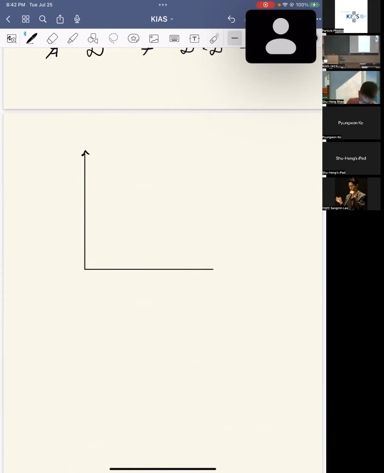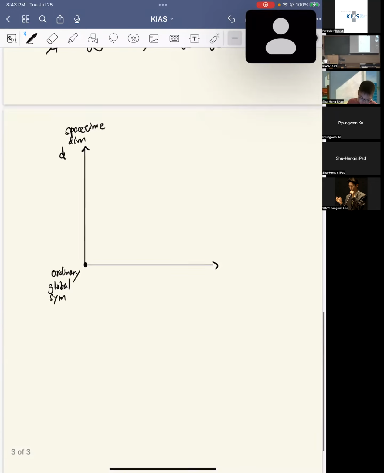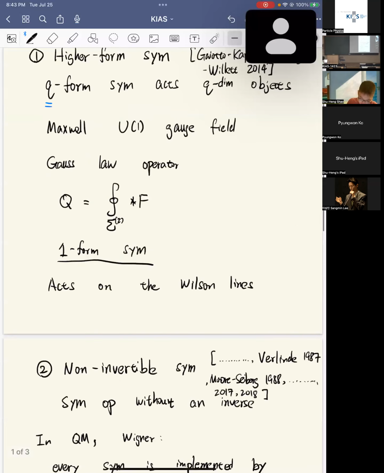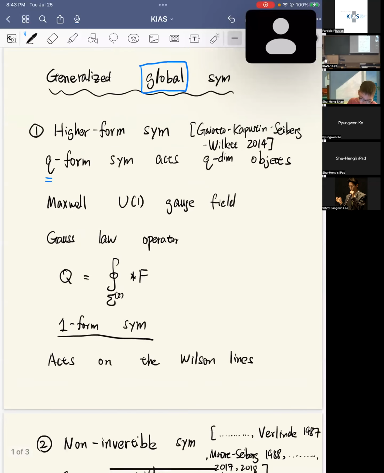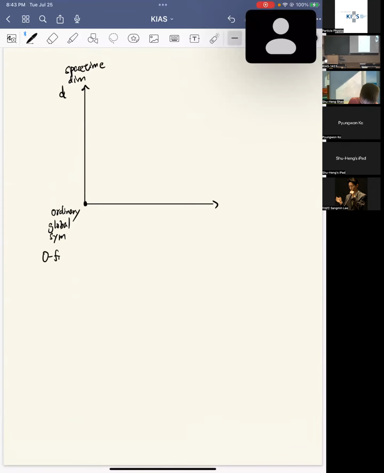Let me draw a two-dimensional diagram where the vertical axis stands for the space-time dimensions, D. Sitting at the origin is the ordinary global symmetry. In the terminology of higher form symmetry, when Q equals 0, that corresponds to the ordinary symmetry, so that corresponds to zero form symmetry.